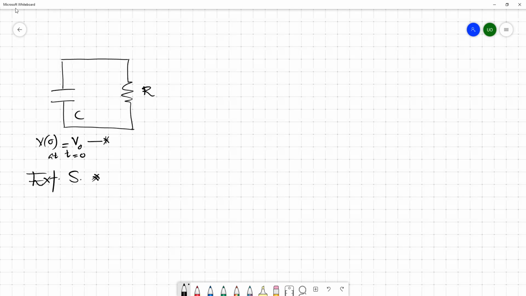So then we found that the voltage across the capacitor can be explained using this differential equation. So we can basically model this circuit using this differential equation. This is a first order differential equation.